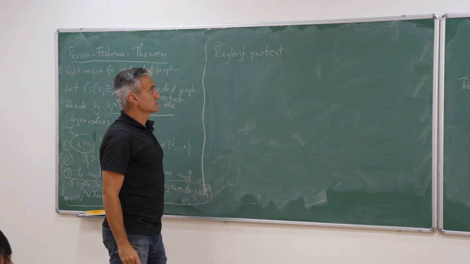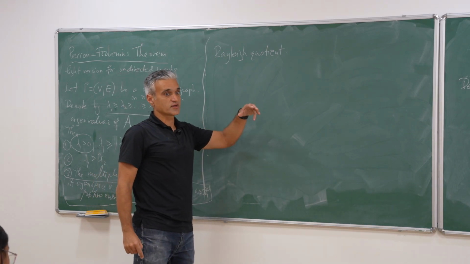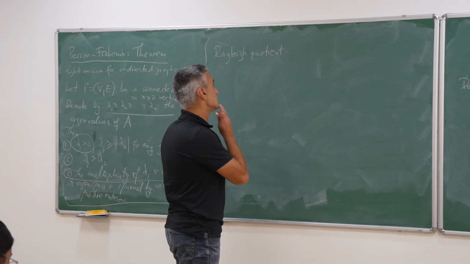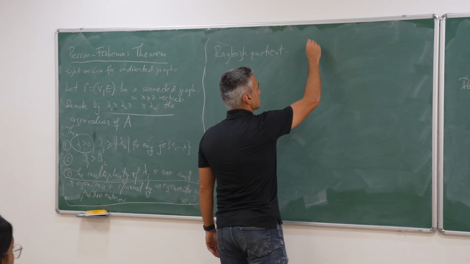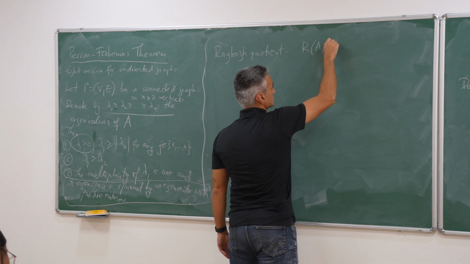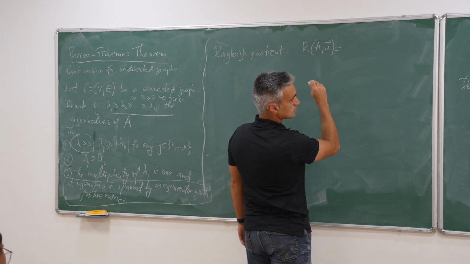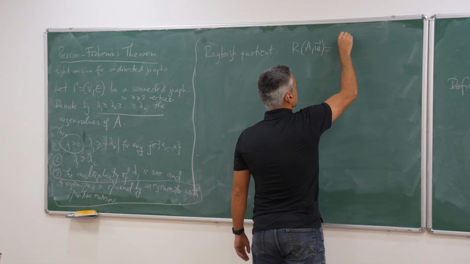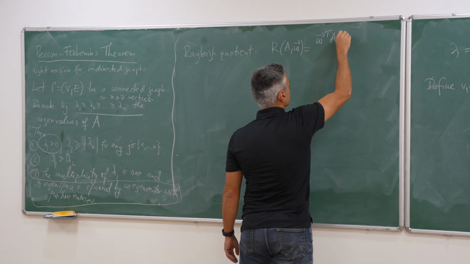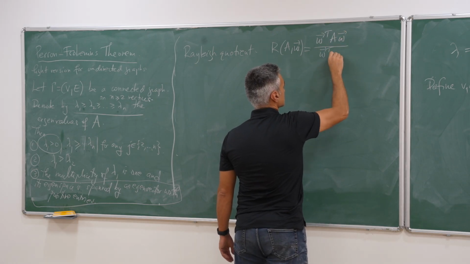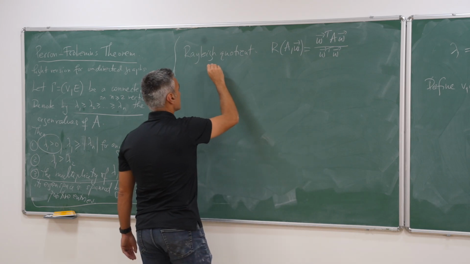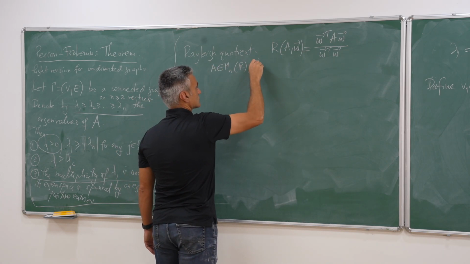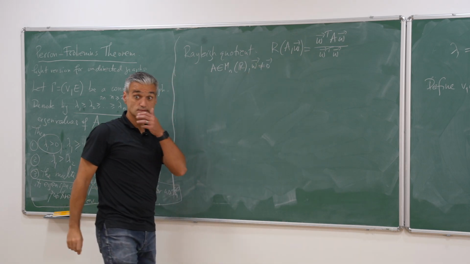This Rayleigh quotient is going to be the Rayleigh quotient of a vector with a matrix, and let me call it R_A(w). I will just use this notation at the beginning. Maybe I have u there, so let me use w. This is going to be w transpose A w over w transpose w, and this is defined for the matrix A and this vector, which is not the 0 vector.